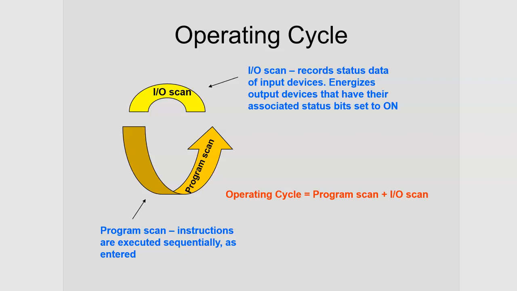And if that rung is false, it'll update that particular bit to a 0. So it's a good idea to remember this picture here, and remember that it runs in a loop. We just scan in this circle. It continues and repeats the scan process. And then this little equation here: the operating cycle consists of the program scan plus the I/O scan.